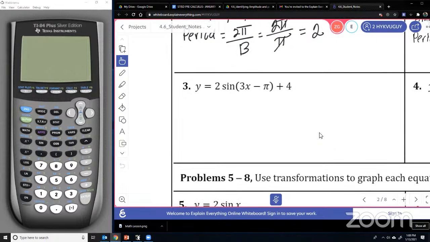So the amplitude is the absolute value of 2. So the amplitude is 2. And then the period is going to be 2 pi over b. Remember that this is b. So it's 2 pi over 3. That was the period.